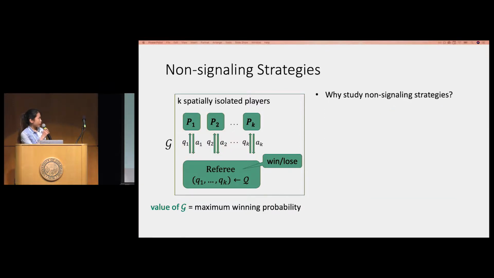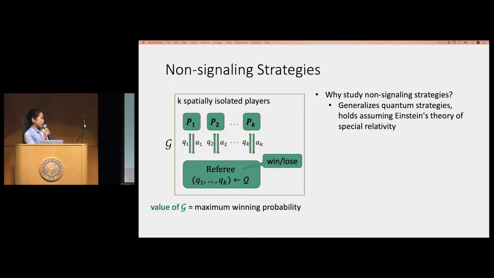You might ask, why would we want to study non-signaling strategies? First of all, they generalize quantum strategies. They assume any k spatially isolated players have to be using a non-signaling strategy in any world where Einstein's theory of special relativity is assumed to hold. However, the constraint on answer distributions is also simple to write down and to study. We just saw the mathematical definition of non-signaling strategies.